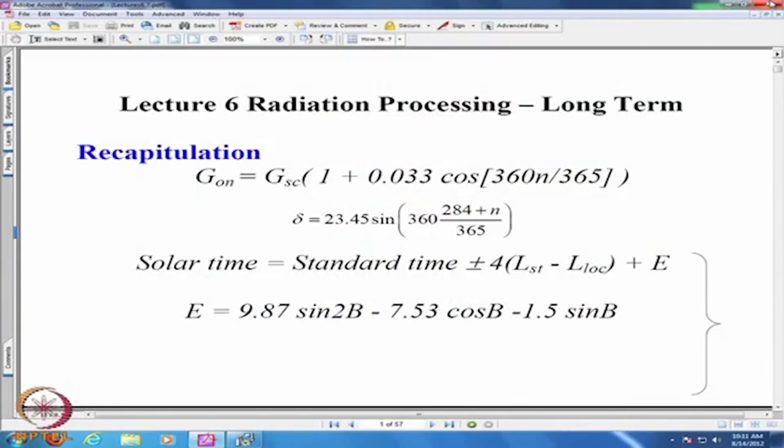We defined the solar constant G SC, as you can see on the screen, and then the so called radiation normal to the sun's ray at the current sun earth distance is G On. And the next equation deals with the declination, that is the angular difference between the equatorial plane and the plane of rotation, in terms of the day of the year.